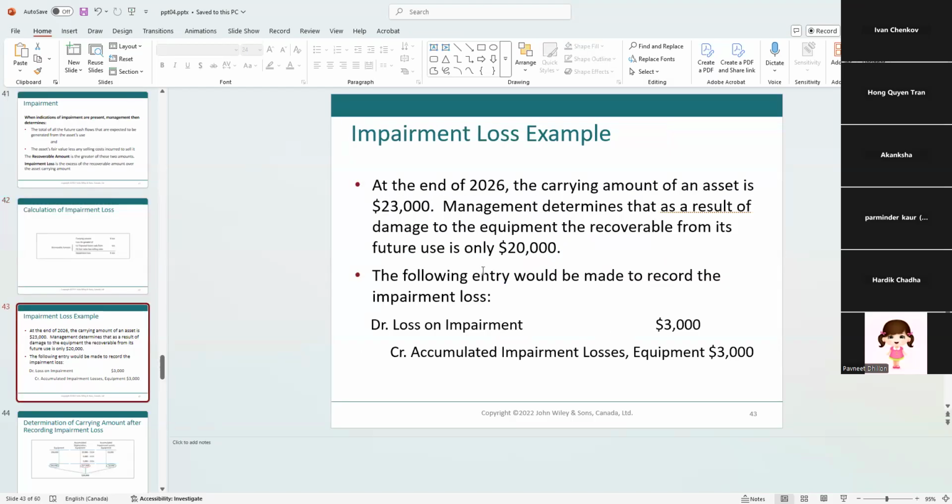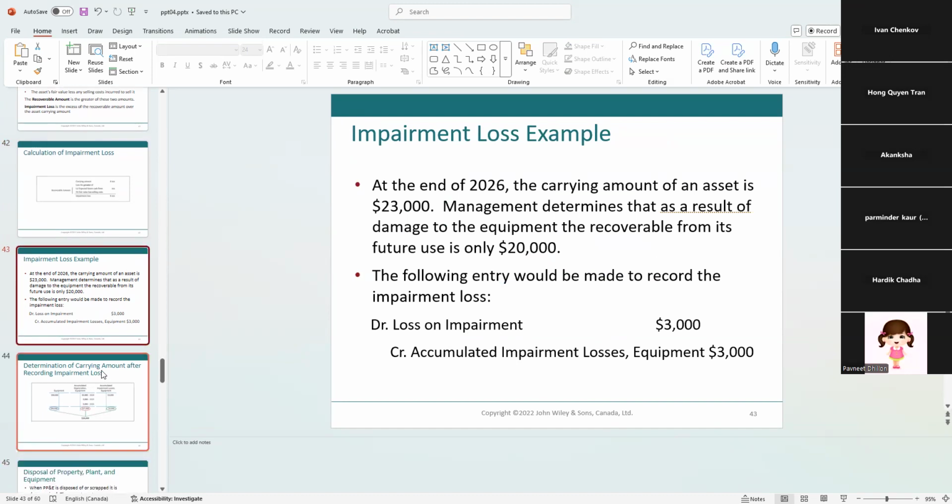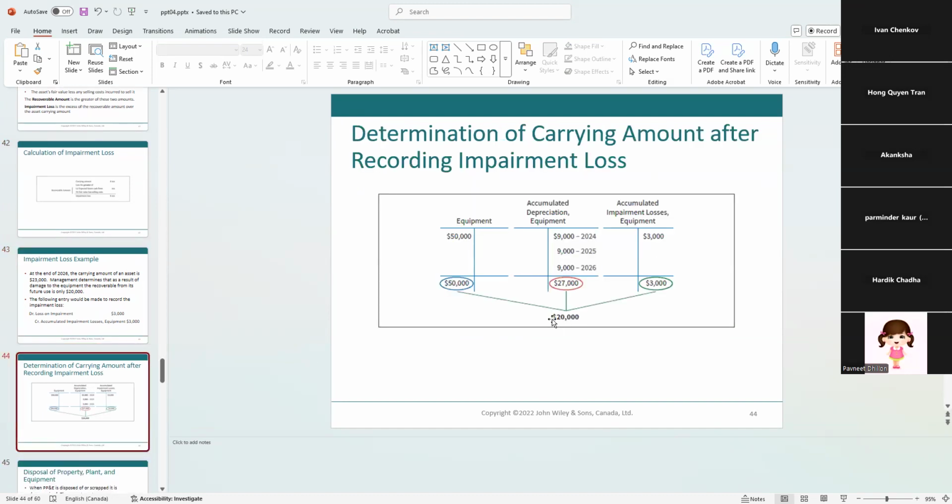So what we have to do is show the loss right away in the income statement, reduce your income, and create a new contra account to the equipment, which is going to be accumulated impairment losses. And let's see what the carrying amount will be now.